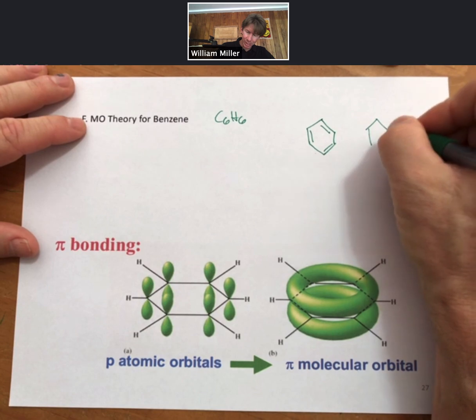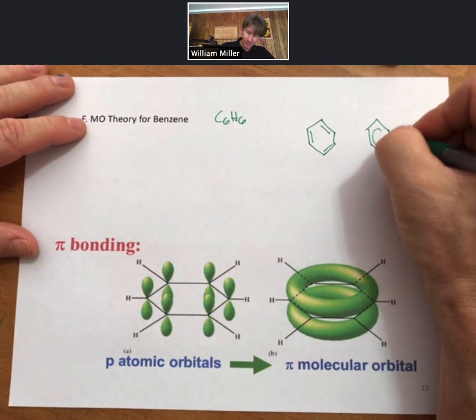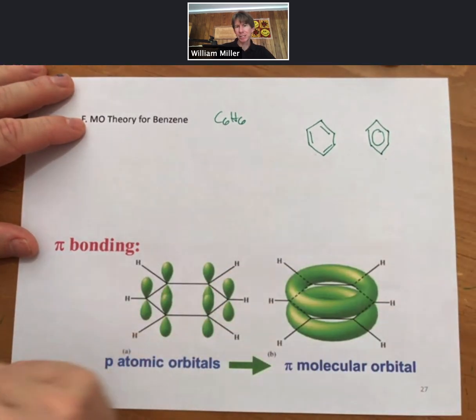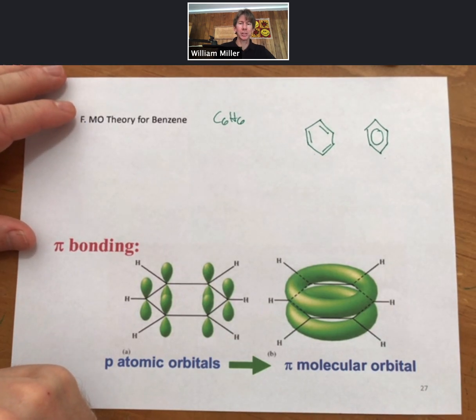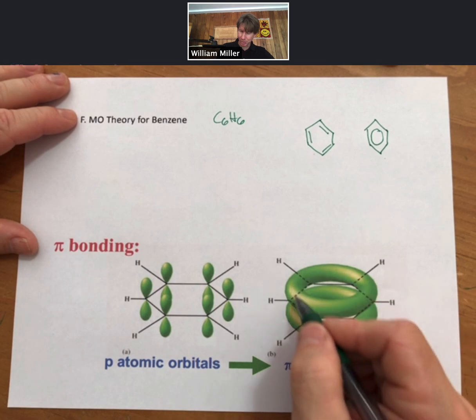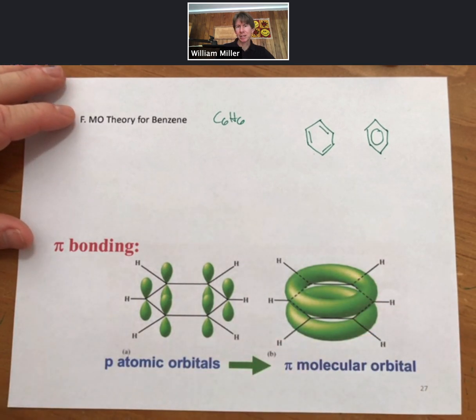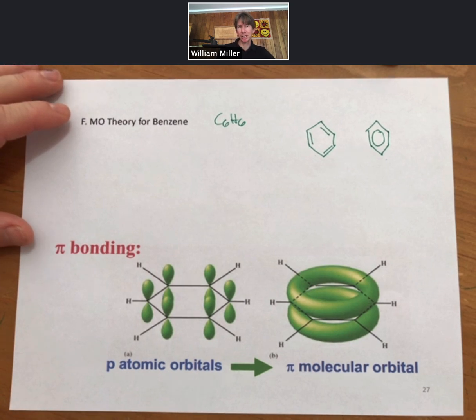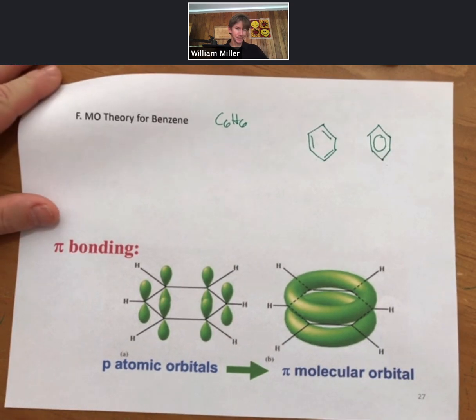And that is why you will often see benzene drawn with a skeletal structure with a circle in the middle to indicate that molecular orbital, those electrons being in a low energy position across the molecule. So it is a much more powerful theory than we really get to, but we'll start.